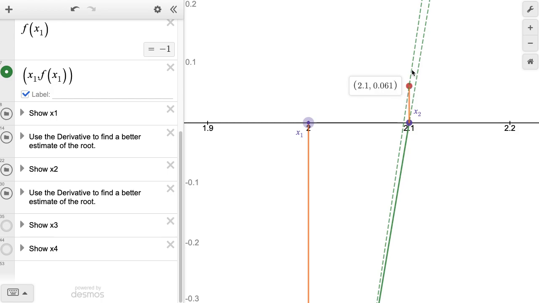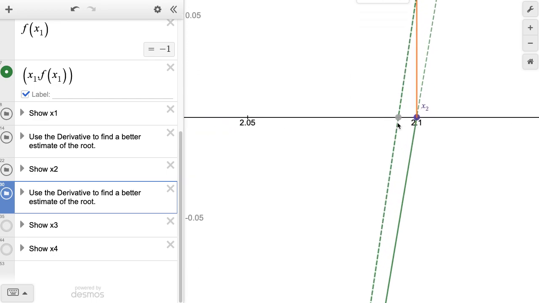I find the derivative at that point, and I'm going to find the 0 of that linear function in order to get a new estimate x3. Okay, and so I can zoom in here. So this is going to be a better estimate. And so there's my x3.